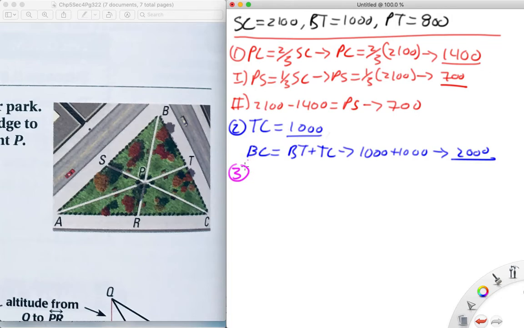So, since PT is equal to 1/3 times AT, I could say 800 is equal to 1/3 times AT, multiply both sides by 3, and AT is 2,400.